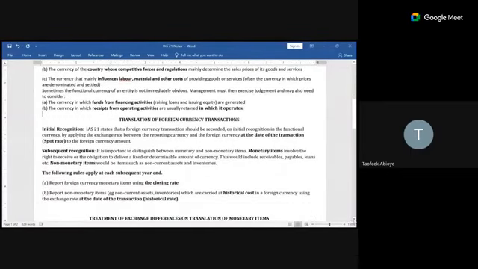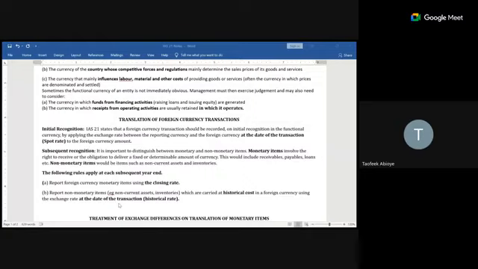So now, translation of foreign currency. How do we translate? Let me paint a simple scenario. IAS 21 is talking about a Nigerian company that has a foreign transaction in its financial statements. I bought a machine in the UK, or in Ghana, or in another African country, maybe South Africa.